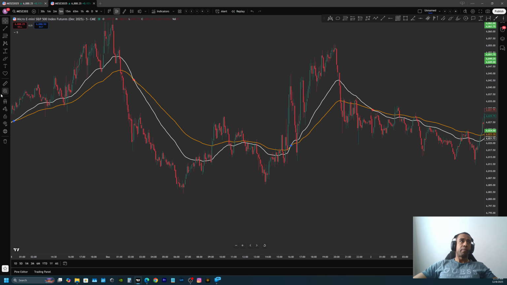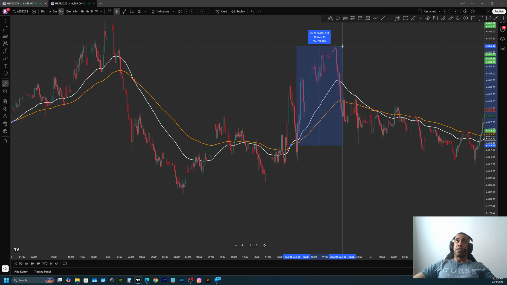Here, crossed up, 5 points drawdown, almost 6 points. Again, you can hold that if you want to, based on the possibilities.